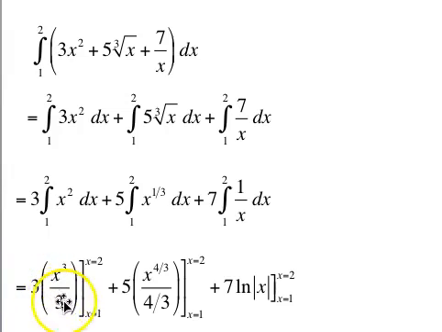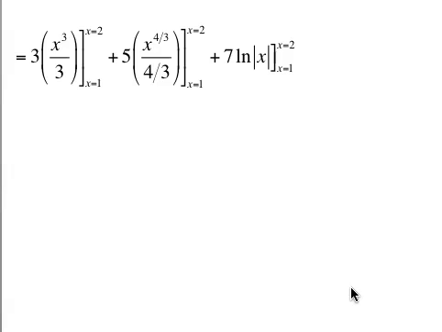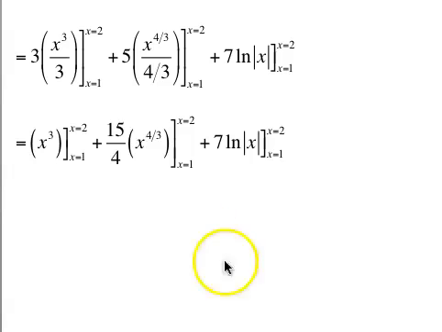You'll notice the 3 divided by 3 here divides out. 5 divided by 4/3, if you're going to divide, invert and multiply, that's 5 times 3/4, 15/4. So it'll be easier for us to work on. And then we have our 7 log x as x goes from 1 to 2.